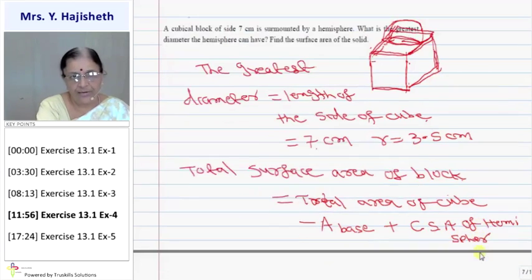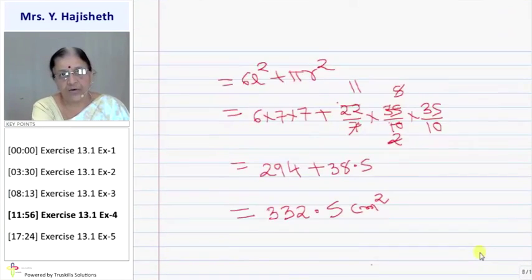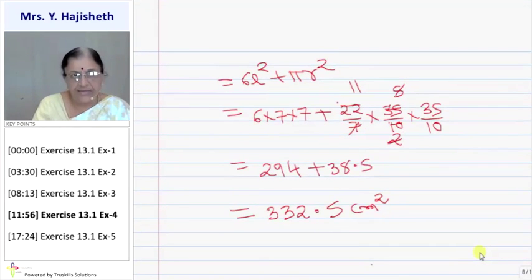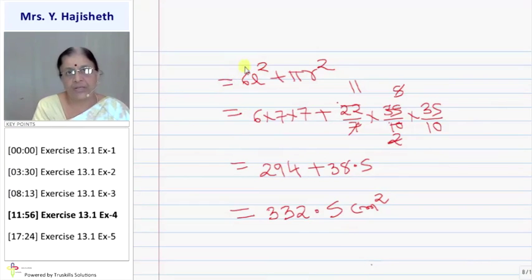Now put the formula. What is the total surface area of the cube? It is equal to 6L square. And what is the surface area of the base? Base is pi r square.